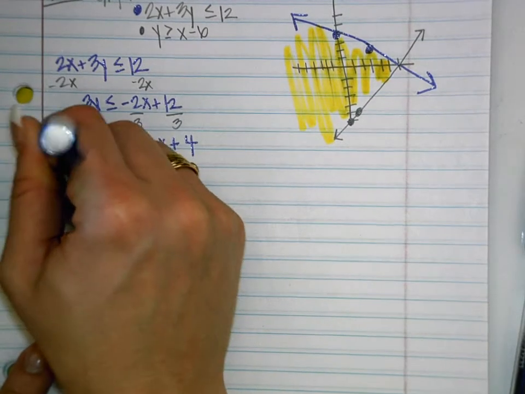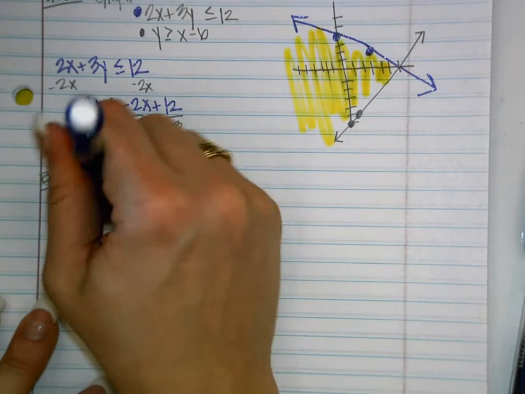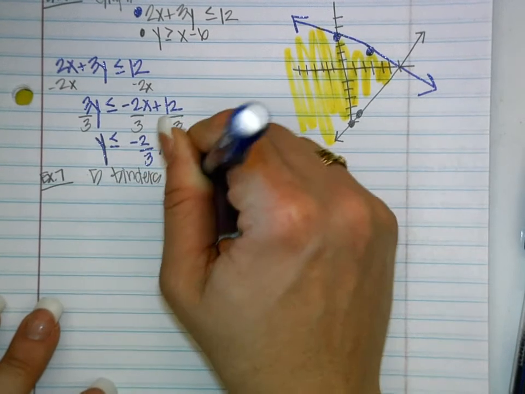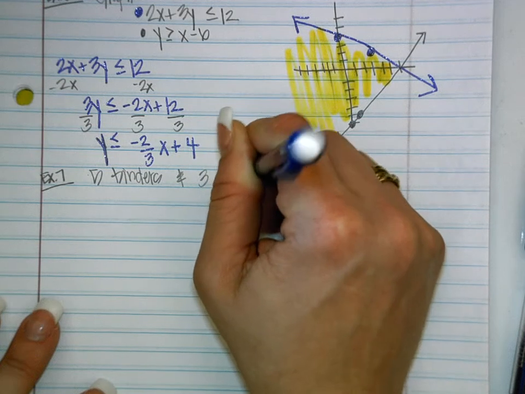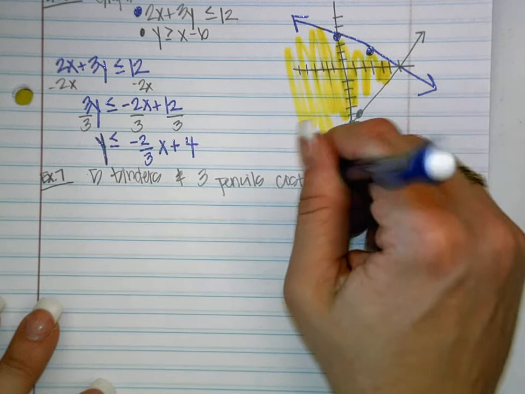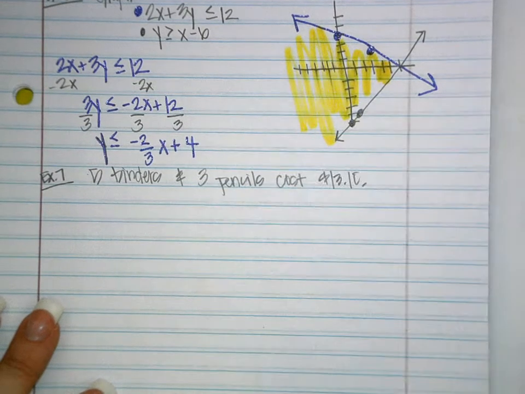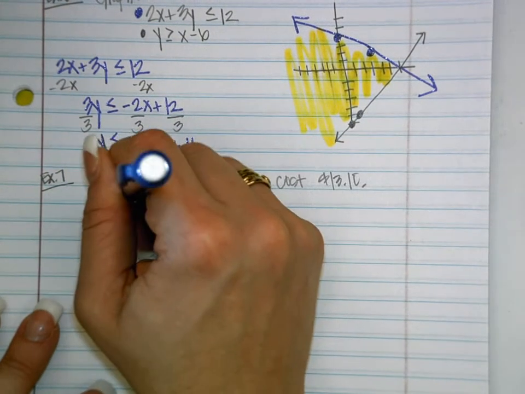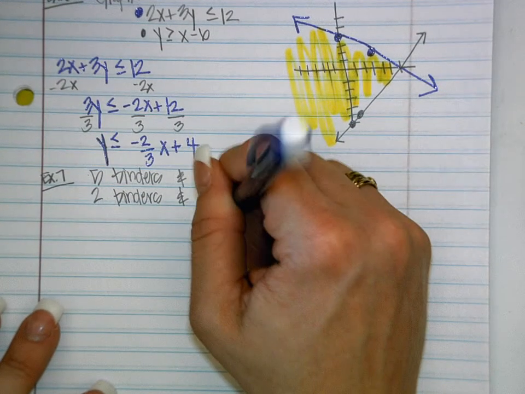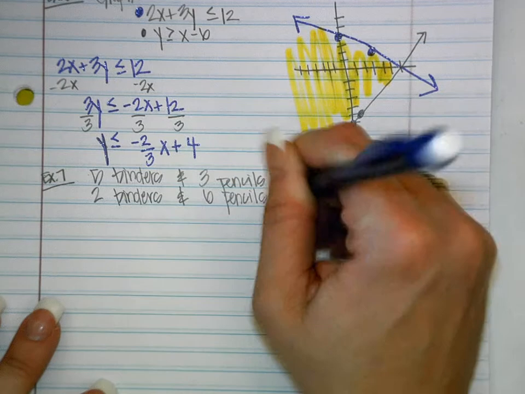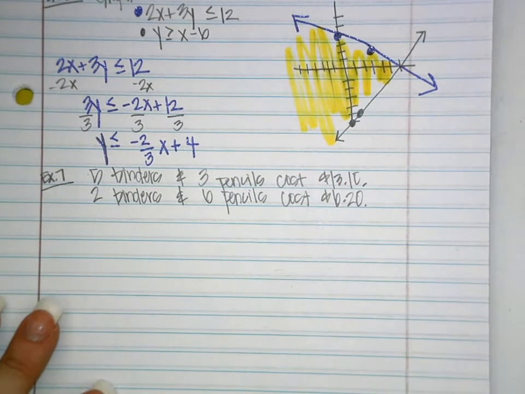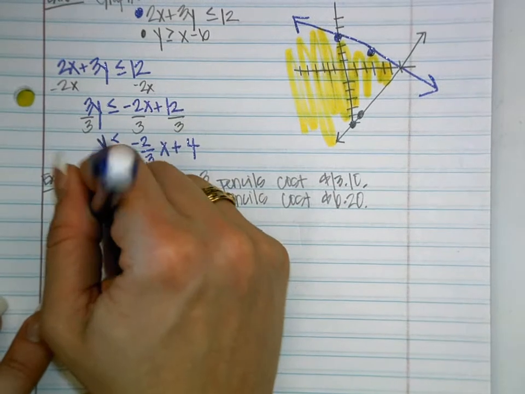Number 7, if I tell you that 5 binders and 3 pencils cost $13.10, and 2 binders and 6 pencils cost $6.20, I would like you to find the cost of each.